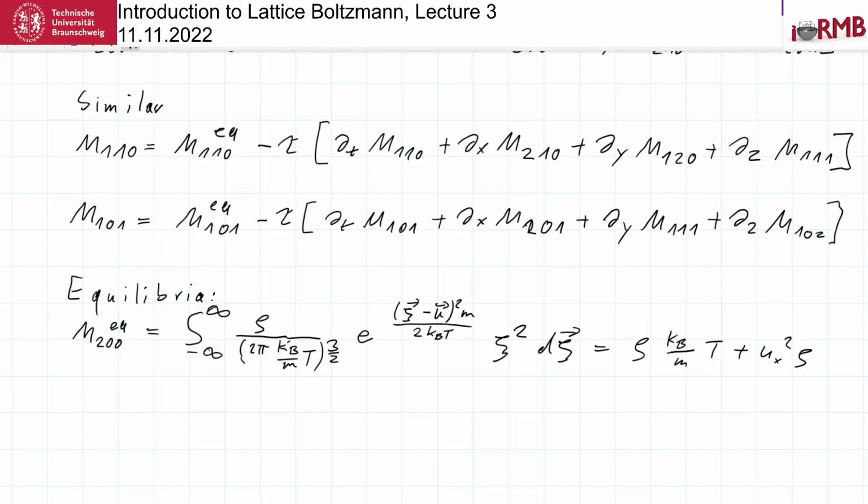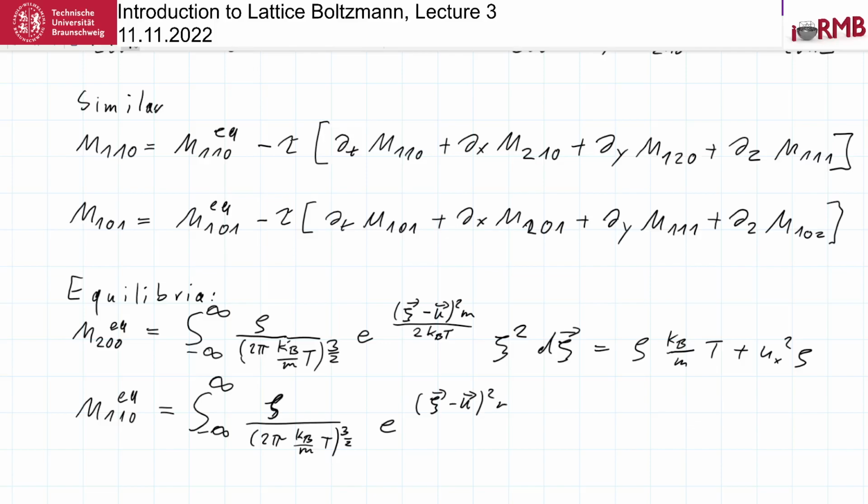Okay, so for the moment M110 equilibrium, this would be the integral from minus infinity to infinity, starting from the same equilibrium distribution function, xi minus velocity of the fluid times m divided by 2 kBT.